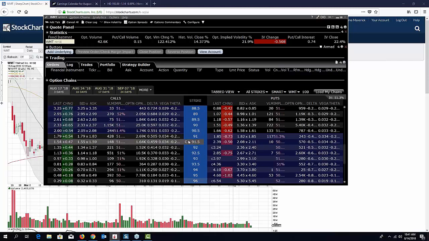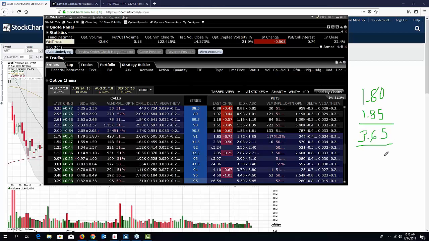Okay, at the money straddle, $90.95. It's pricing in 180 and 185. So 180 for the calls, 185 for the puts. We add those together, and that gives us $3.65.